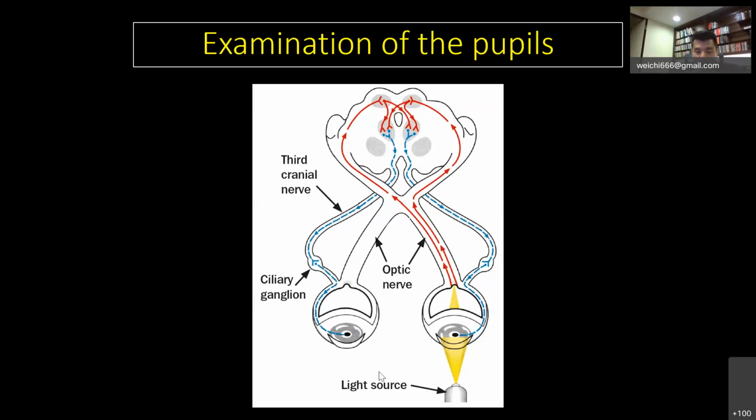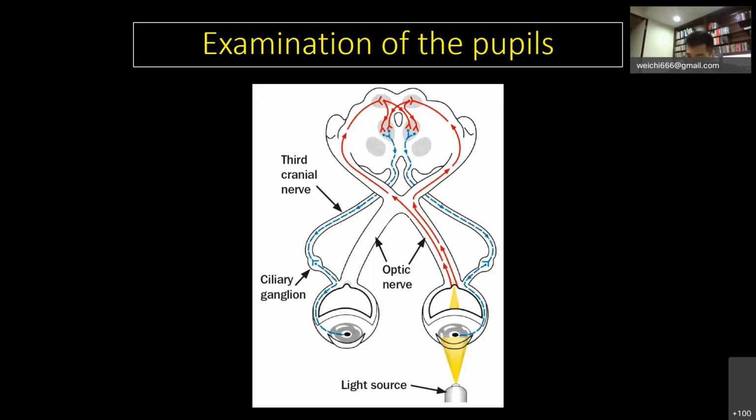So how about when you switch the light source to the left eye and you have optic nerve damage here? What would you see of the pupil in the right eye and the left eye?